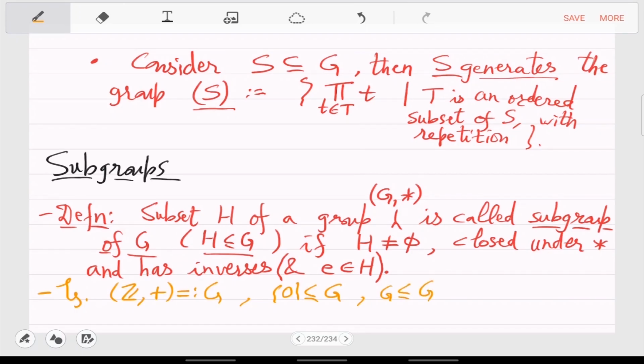What else? You mean 2Z? Yes, if you look at even numbers, basically every element you multiply by 2.